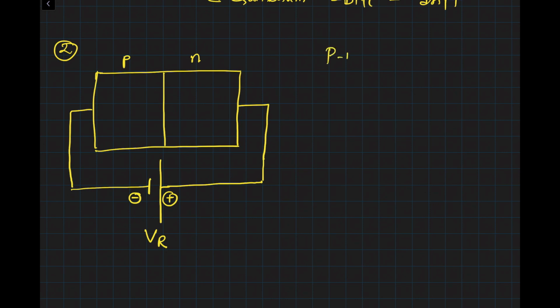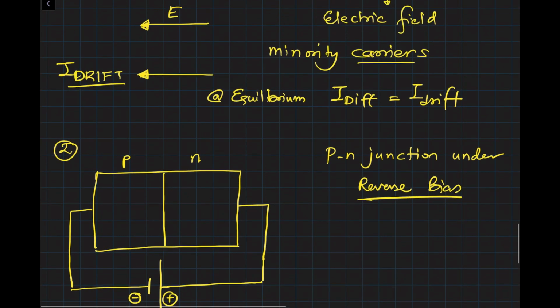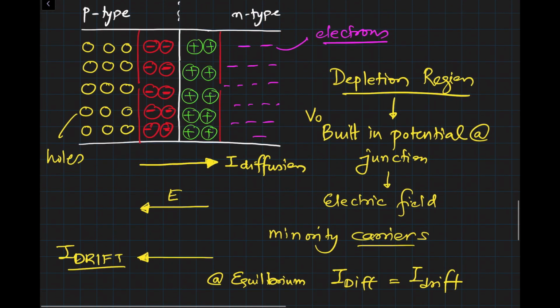So PN junction under reverse bias. Let's see what happens in this case. So in this case, originally we had this depletion region over here.